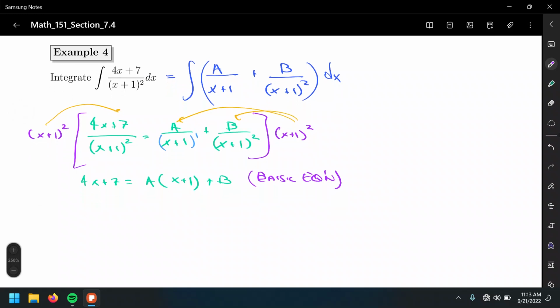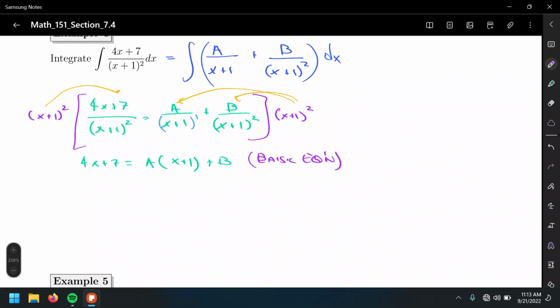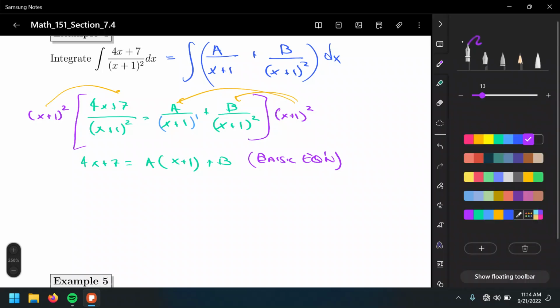Alright? And here is where we're going to use our number sense. Can we think of a clever number to zero out one of the terms and allow us to find one of the constants? If so, what's that value? How about negative 1? Sounds good.